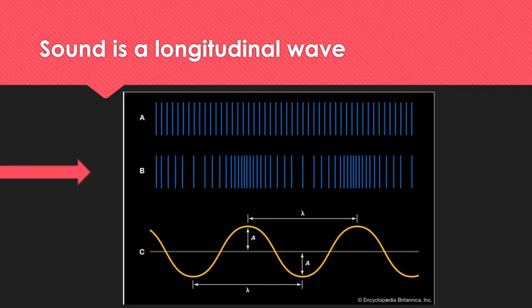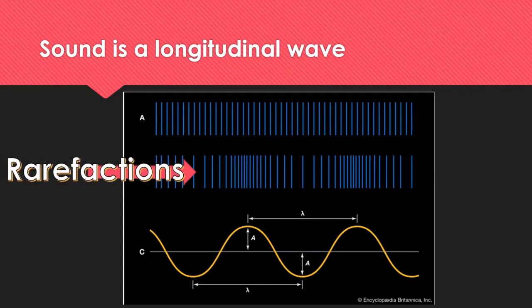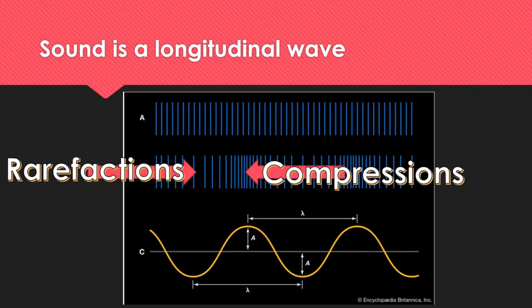The areas where the air particles are stretched out or less dense are called rarefactions, and the areas where the air particles are compressed, close together and more dense, are called compressions. As you saw in the PhET simulation, the particles move in and out, and you have areas of more dense air particles where they're close together, and less dense.